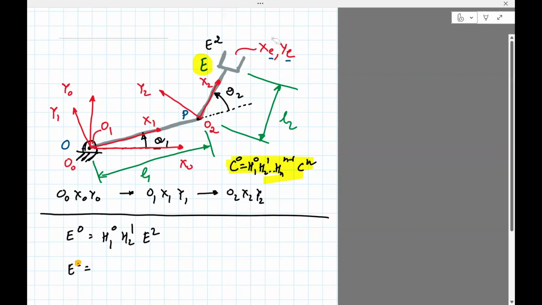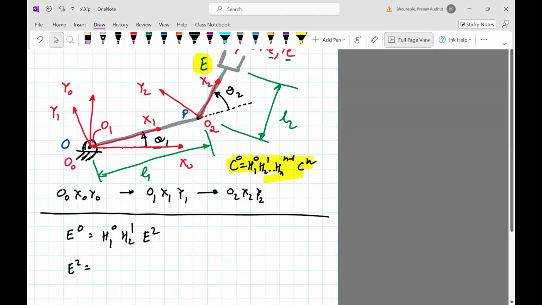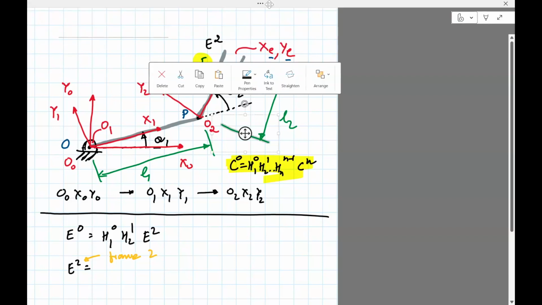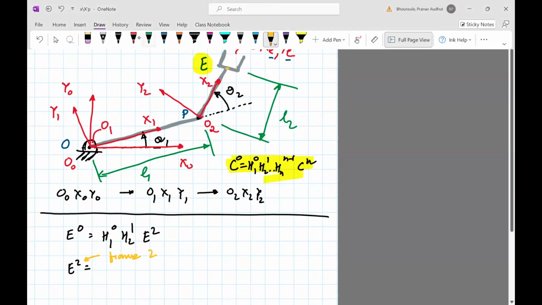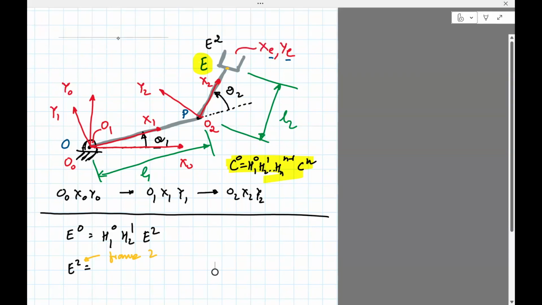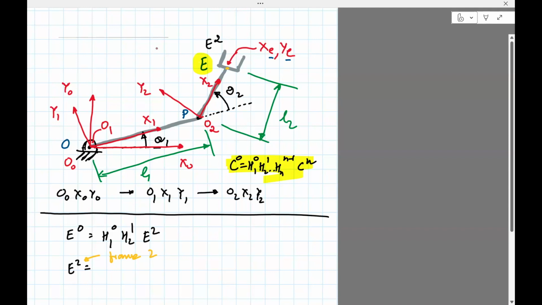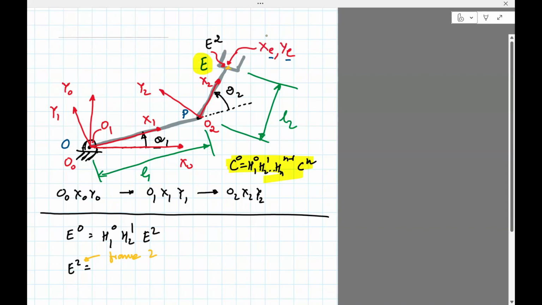So in frame 2, right? So frame 2 is what? It's basically this frame, O2, X2, Y2. So we see that point E2, let's put an arrow there. This is E2. Okay, so this is the point E2.